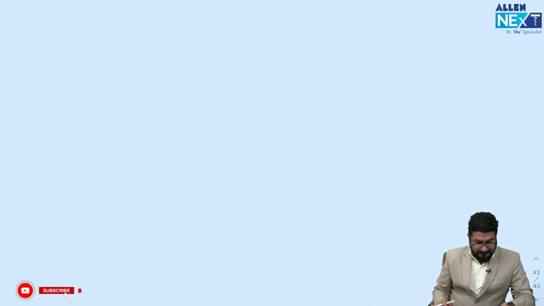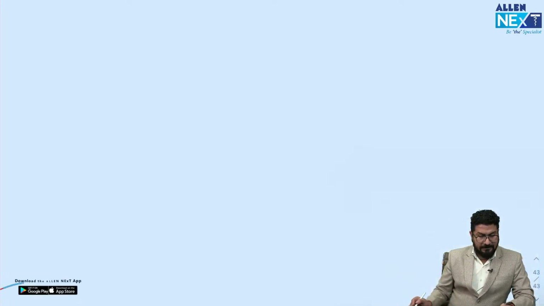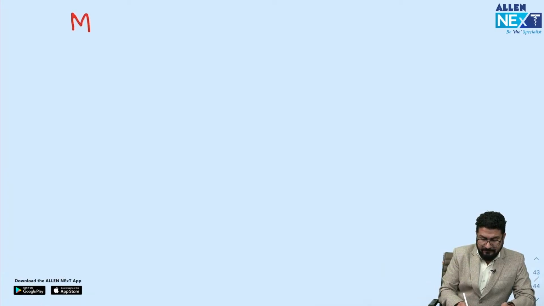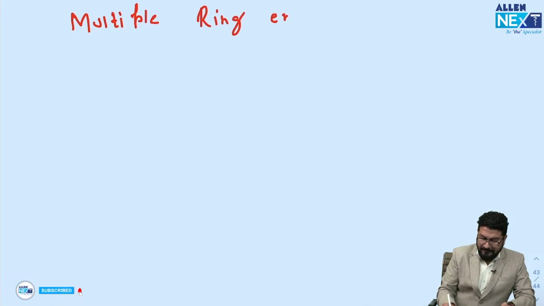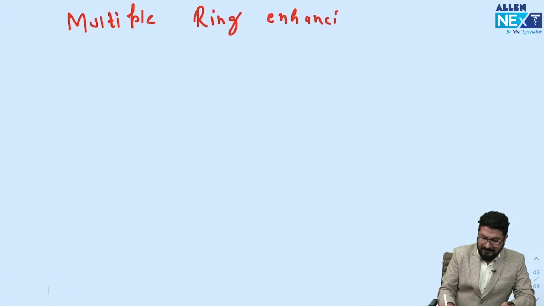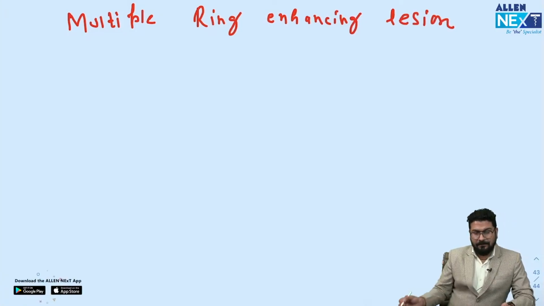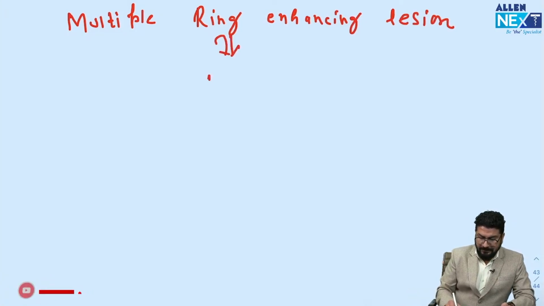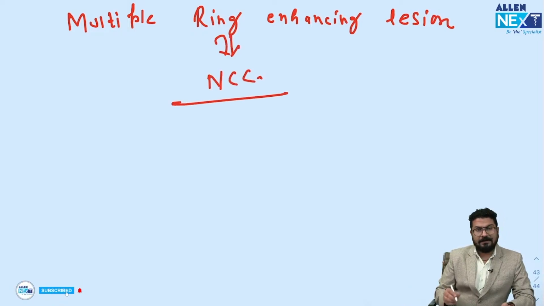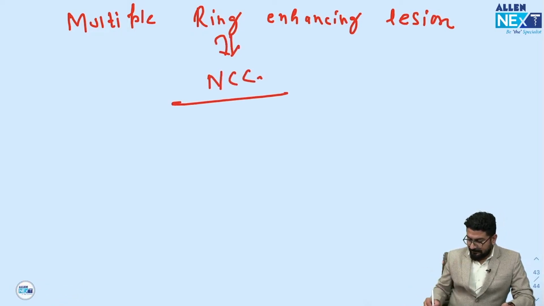Then there was a question on an elderly patient with a case of multiple ring enhancing lesions. This was an image based question that came in the exam a few years before. It's a case of NCC. The question was: all are given in an emergency except.